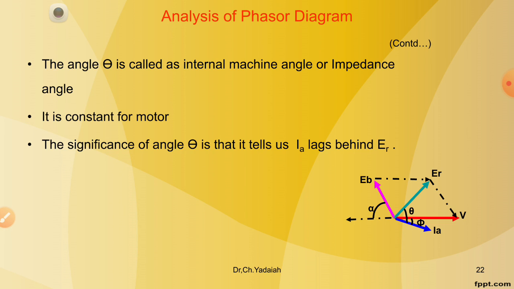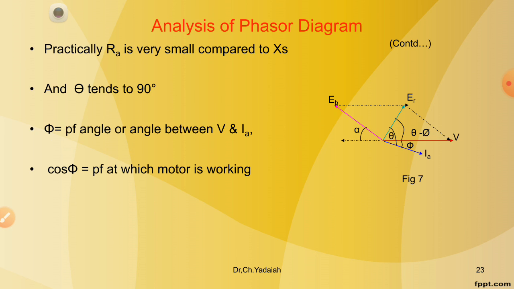The significance of theta is that it tells us the armature current always lags the voltage due to the inductive property, and practically RA is very small as compared to the reactance value. Let us neglect RA, then rewrite the equations. At that condition, tan inverse of XS by RA, with RA taken as a negligible value, then what will happen? Theta tends to 90 degrees.